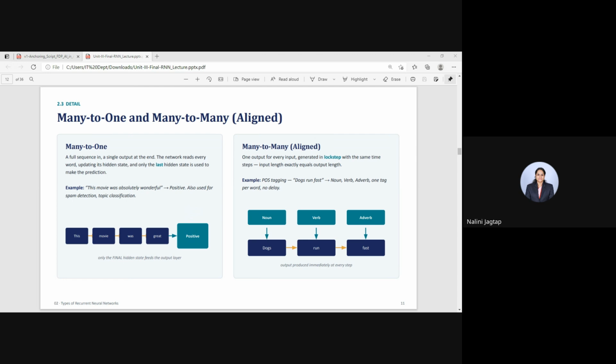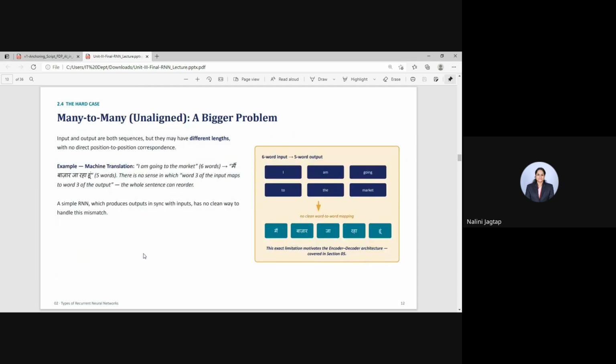Correct? Now moving ahead to the last type, which is many to many unaligned. And of course there is a problem in that, so we'll see it in detail. Many to many unaligned is the trickiest and most practically important case. The input and the output are both sequences, but they may have different lengths, and there is no direct one-to-one correspondence between input position and output position.